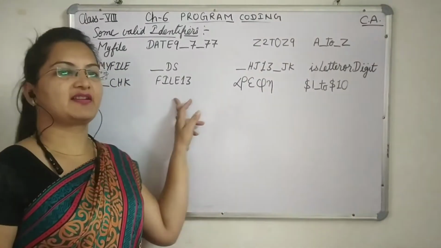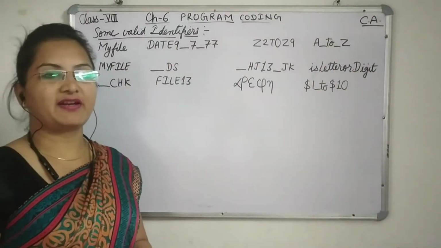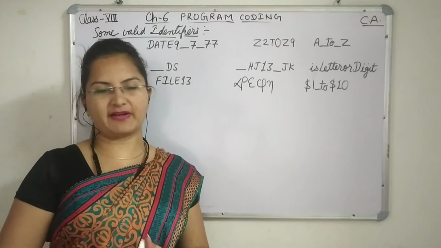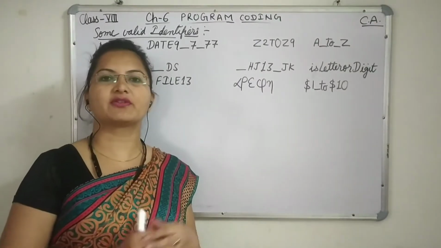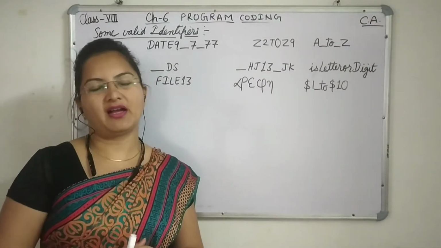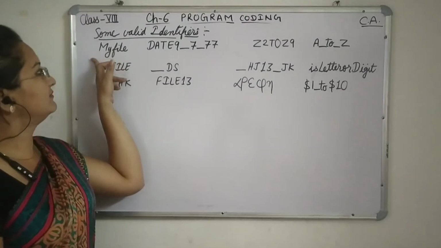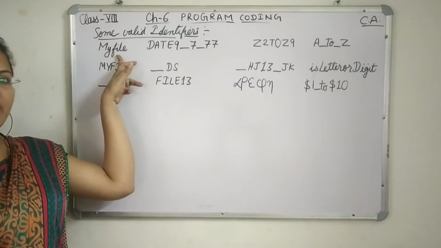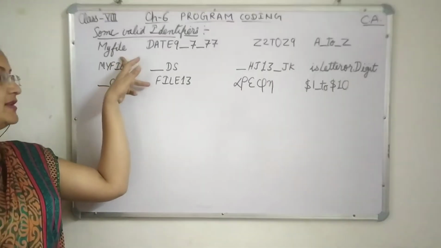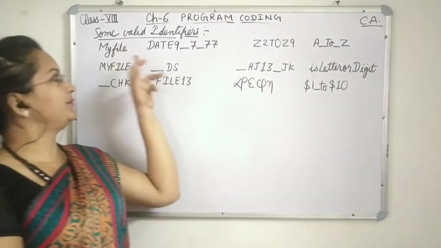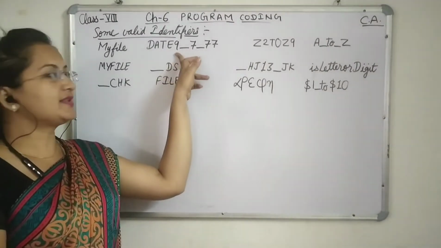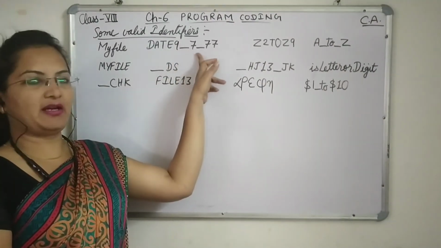Students, you can see these are some examples of valid identifiers. We have already discussed the rules of writing Java identifiers or variable names. So here you can see, it uses both capital and small letters without space. So it is an identifier name. Capital letters and numbers are used separated by underscore.